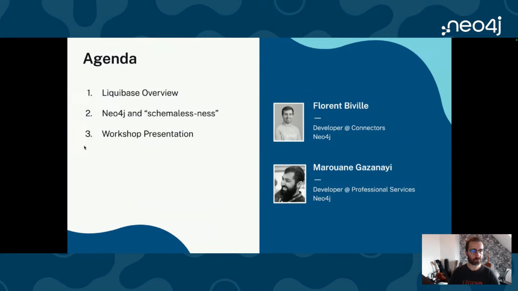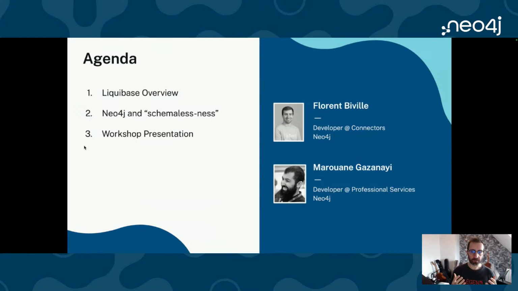So no worries. What we're going to do today is basically talk about Liquibase in general: what's the purpose of Liquibase, how does it work, what's the minimum mental model you must have before actually using it. Then we'll talk about the specificities of Neo4j as a database, especially when you consider using a tool like Liquibase.